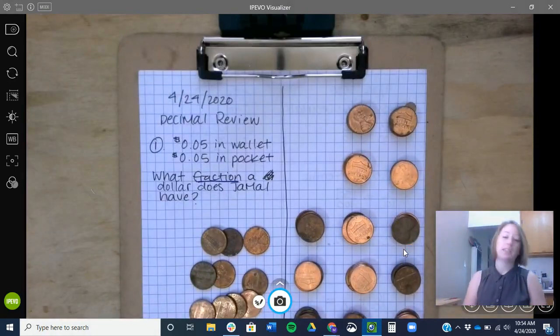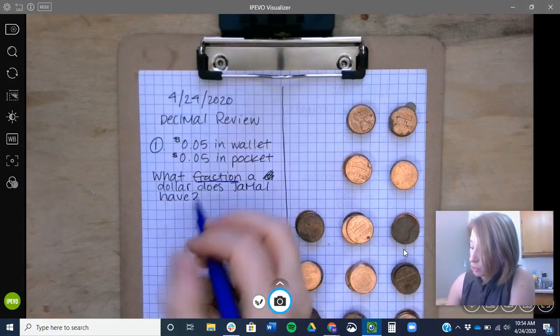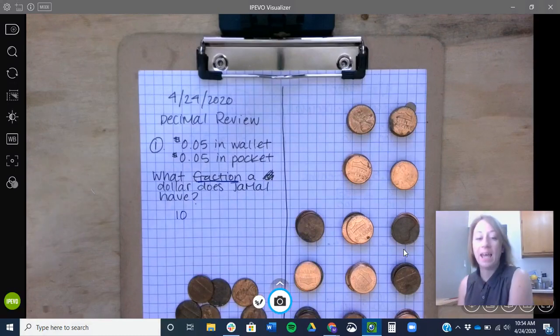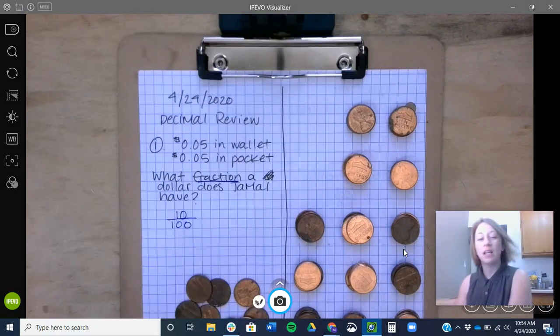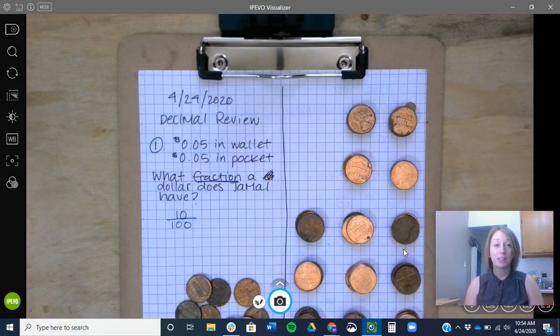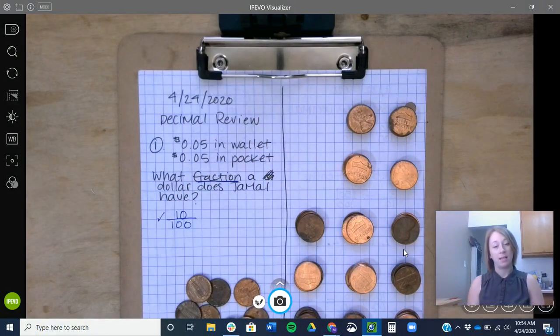So we can represent that as a fraction to show the 10 pennies that Jamal has out of all of the pennies Jamal needs to make, that's right, one whole dollar. So here's one way to represent how much money Jamal has. Now I want to go ahead and show you a different way.